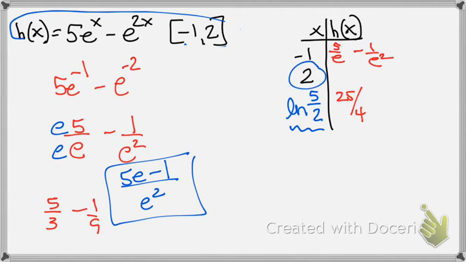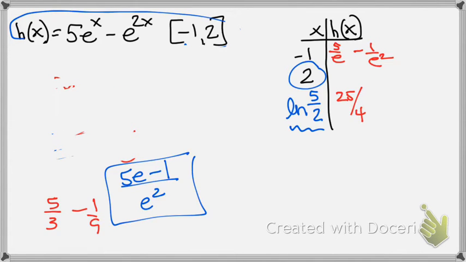All right, now plugging in the 2. If I plug in the 2, now I get 5e squared minus e to the 4th.